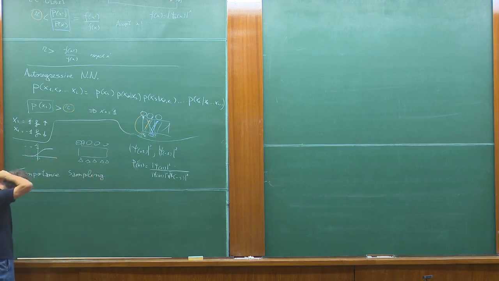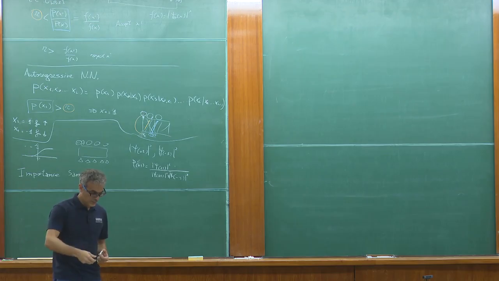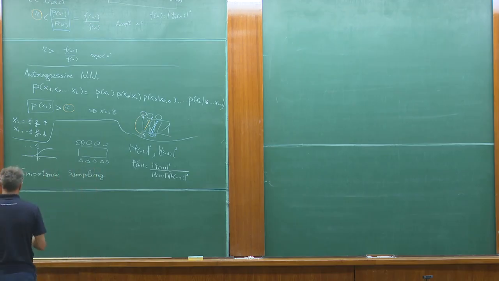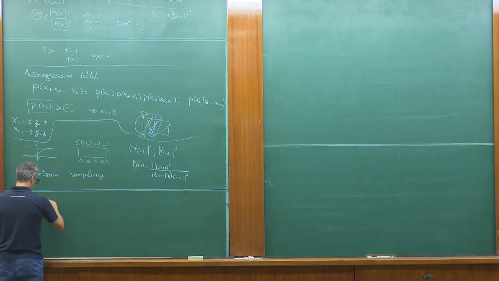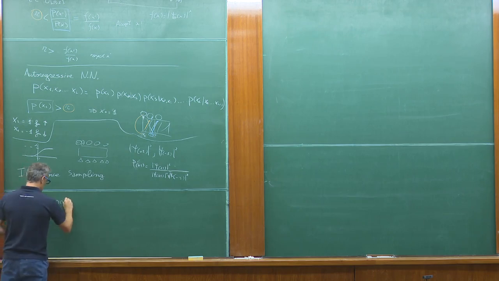So the idea here, instead of having to resample all the time, okay, I can, for a certain number of steps, not resample, but adjust, having a decent estimate of what the probability function is. And maybe one way to look at it, let's say if I want to compute the expectation value of some v of x, what I need to do is v of x times p of x in dx, right?